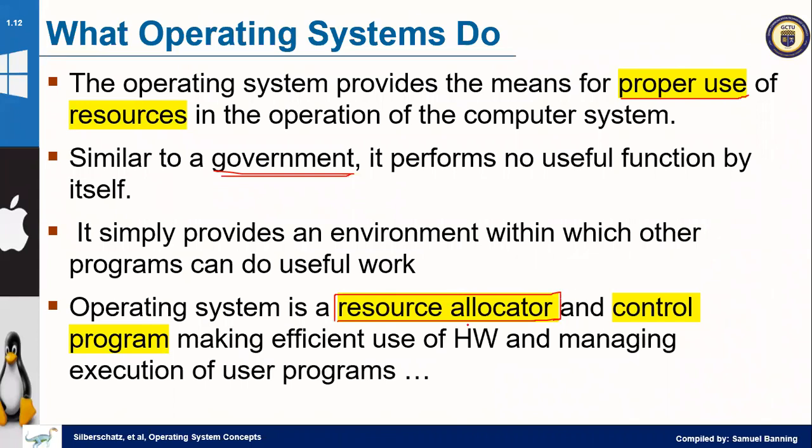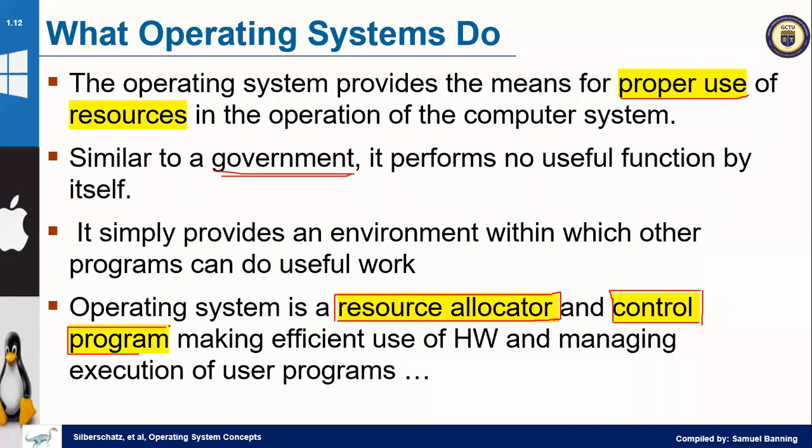It is also a control program. After it allocates a resource for a particular task to be accomplished, it also ensures that the task is indeed ongoing. It monitors the flow or the control of that program from start to finish.